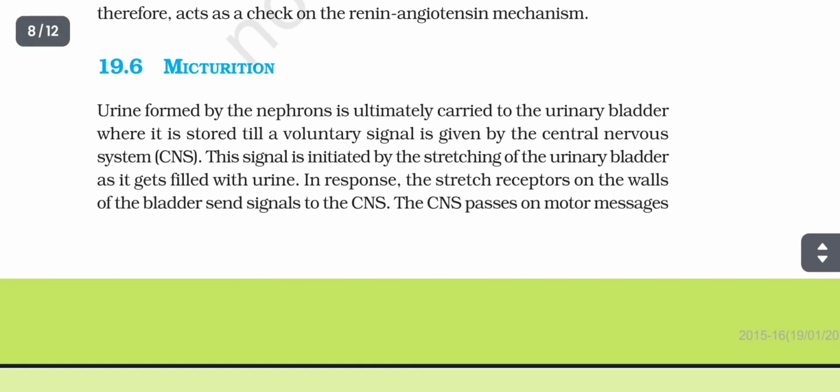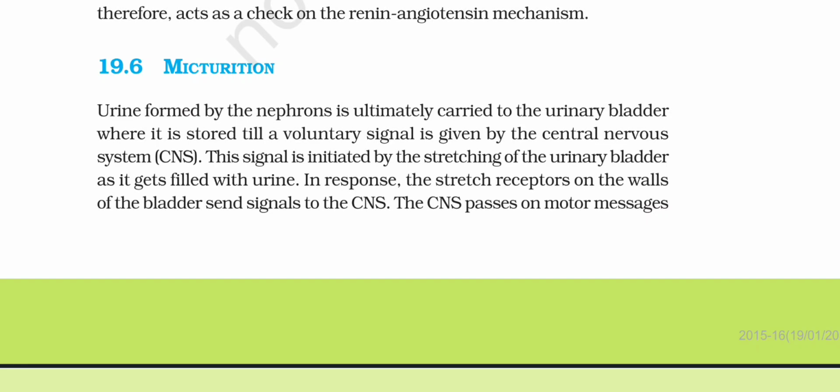Micturition. Urine formed by the nephrons is ultimately carried to the urinary bladder, where it is stored till a voluntary signal is given by the central nervous system. This signal is initiated by the stretching of the urinary bladder as it gets filled with urine.